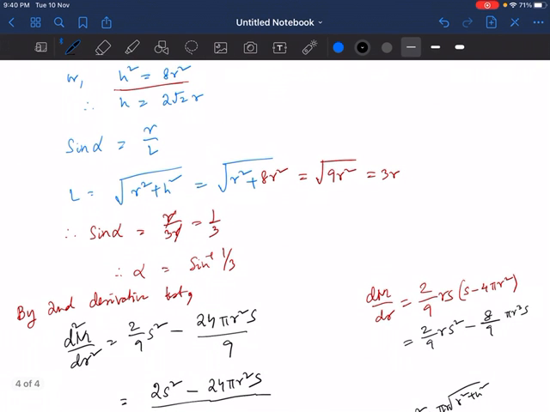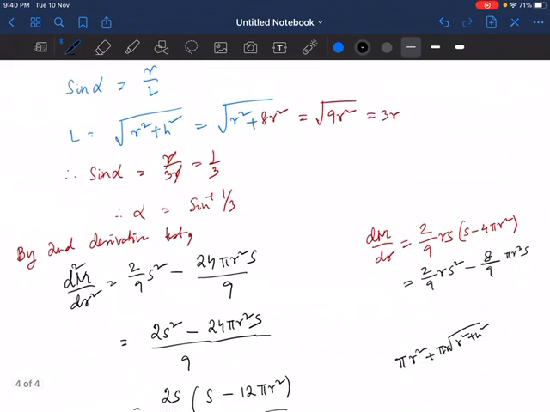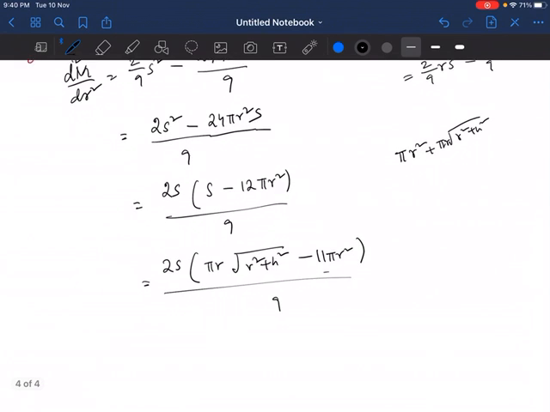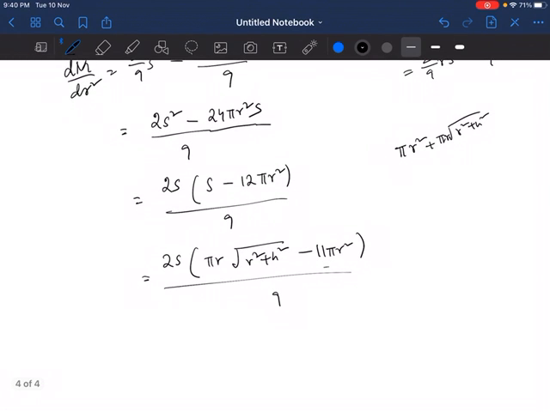So one second, let me just see. In place of l we can use 3r, right? So what we have in here: 3 pi r square, 2s, 3 pi r square minus 11 pi r square. So we are getting minus 8 pi r square. Yes, now it's correct.